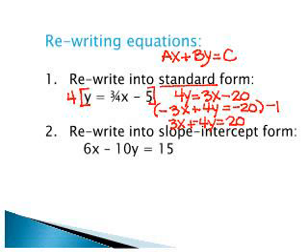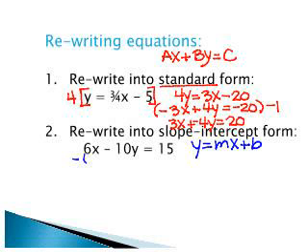Okay? The next example is asked to put it into slope-intercept form. So you did this on your last test, but we need to cover it one more time just to make sure that you understand. Slope-intercept form is y equals mx plus b. So I need to solve for y.